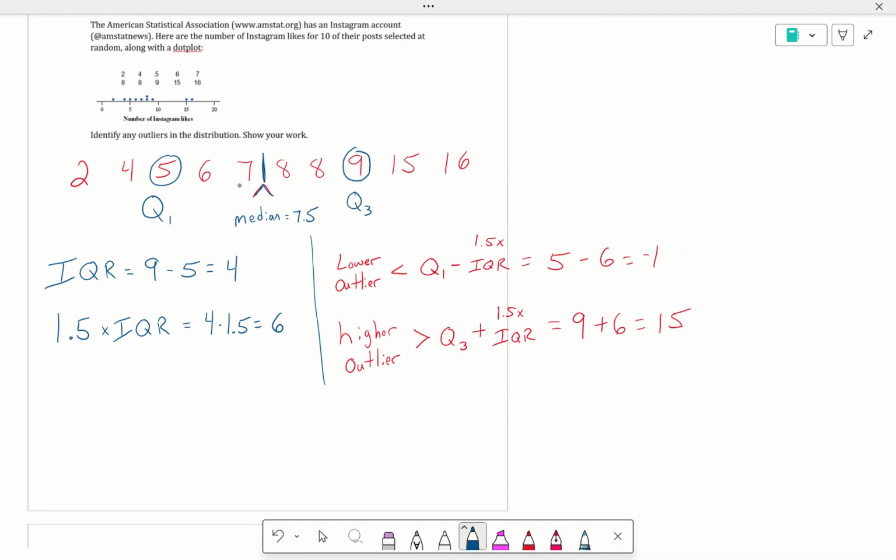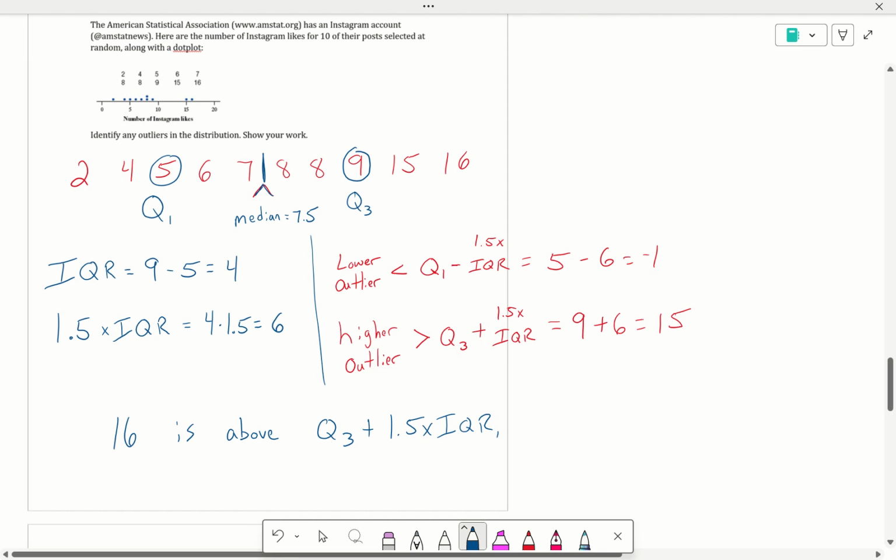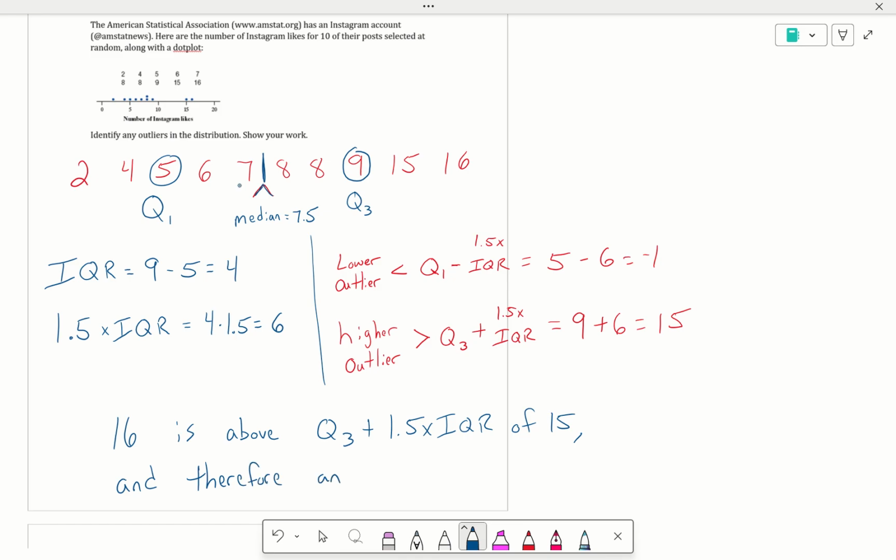So we're going to say 16 is above Q3 plus 1.5 times the IQR of 15, and therefore an outlier.